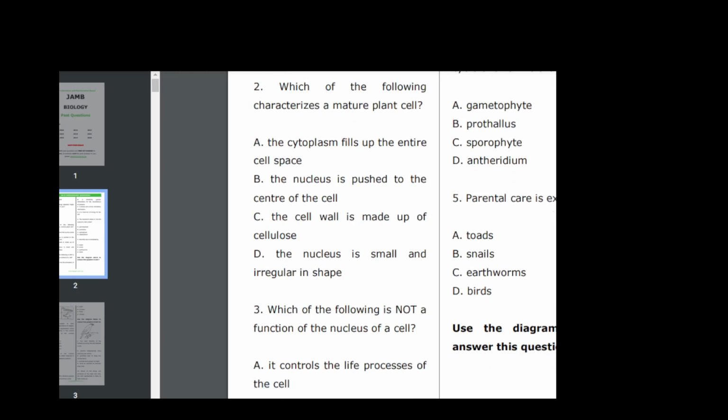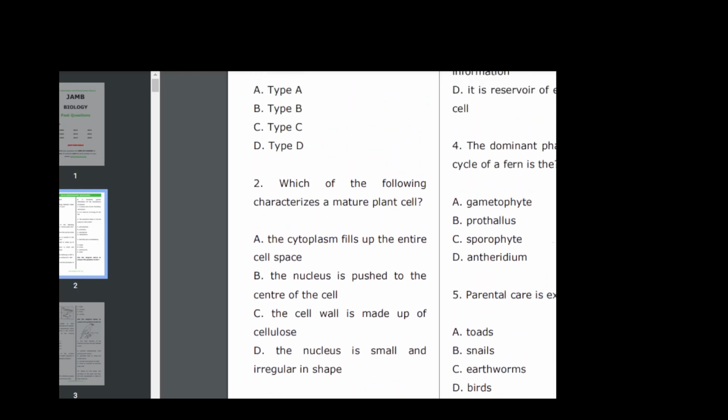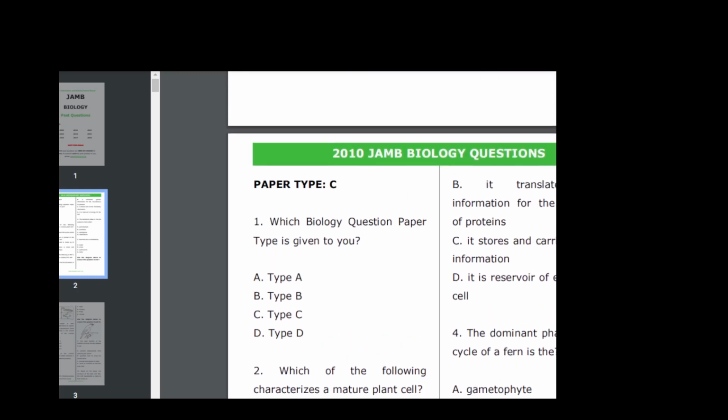So let us see. It controls the life processes of the cell. Yes, it is true. Everything that a cell does is controlled by the nucleus. Every command that the cell carries out is controlled by the nucleus, because it is the nucleus that gives the command, even though we have some other organelles like the mitochondria that powers that activity.